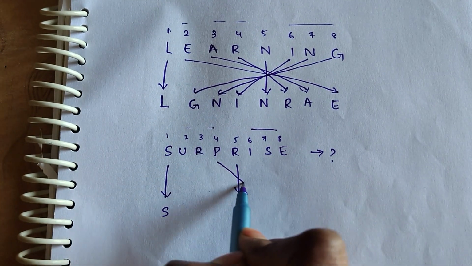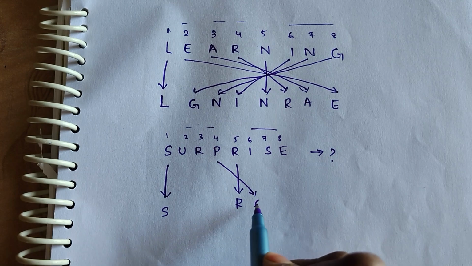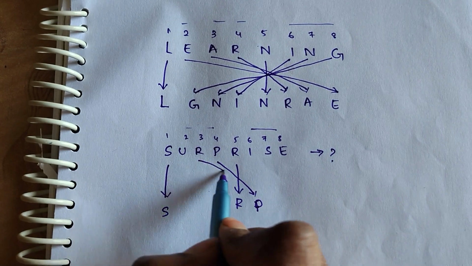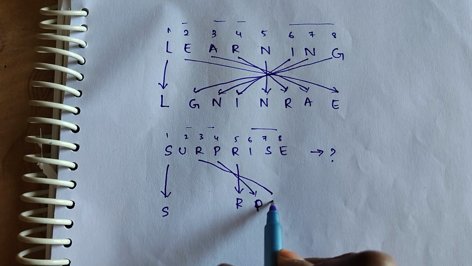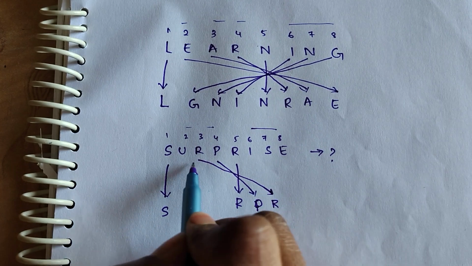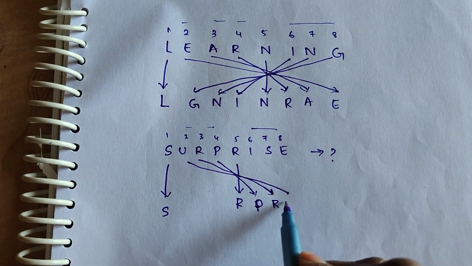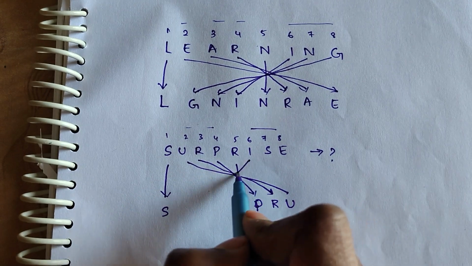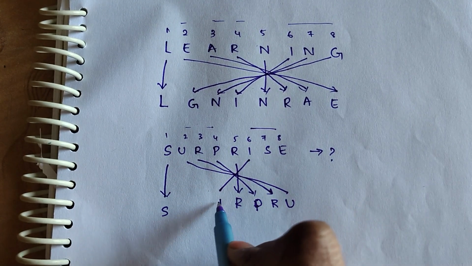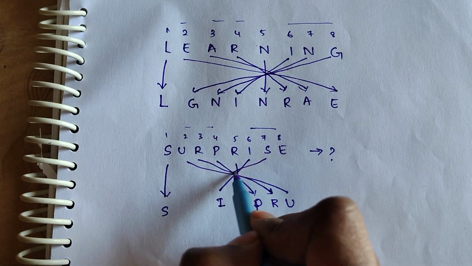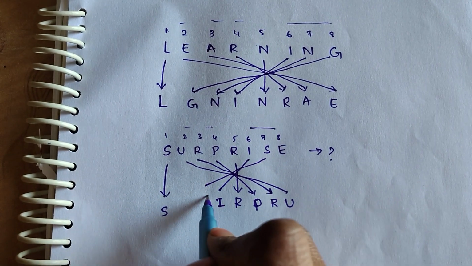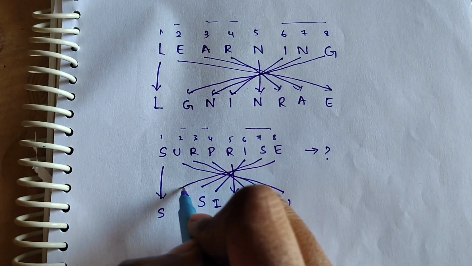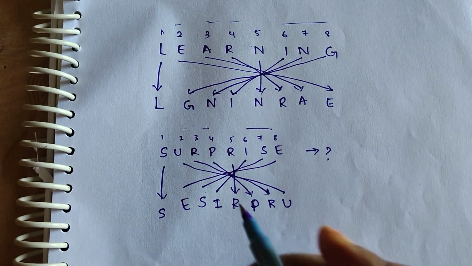So P is written as the sixth letter, and R is written as the seventh letter, and U is written as the eighth letter, and then I is written as the fourth letter, S is written as the third letter, and E is written as the second letter.